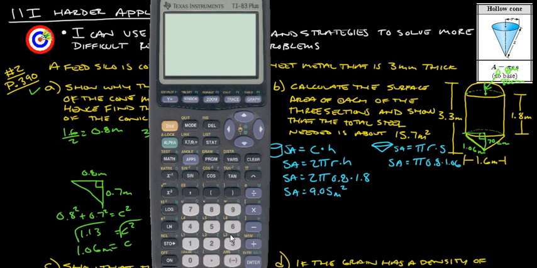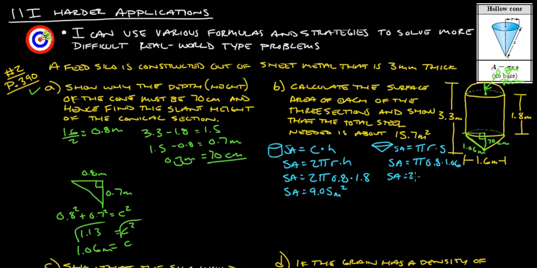So we use our calculator here: pi times 0.8 times 1.06, and that gives us 2.66 we'll go with. And that is also square meters.